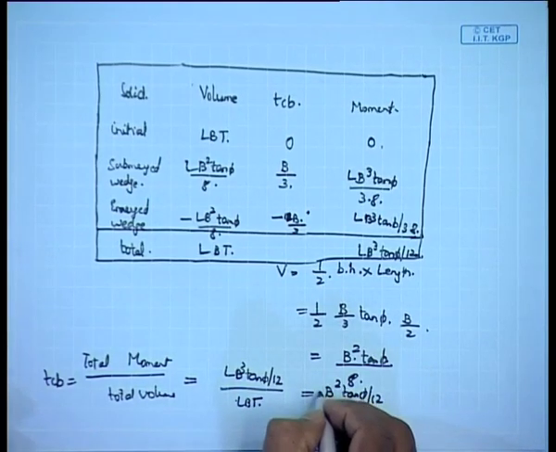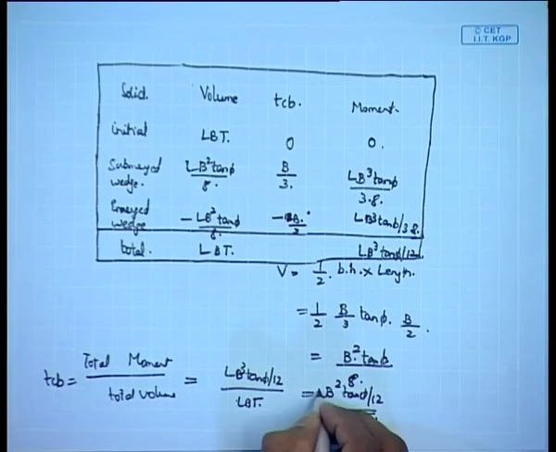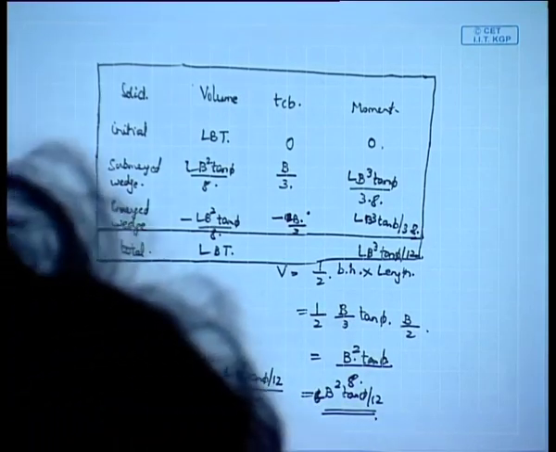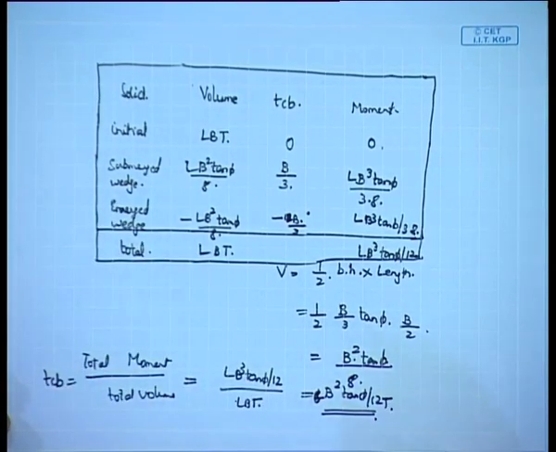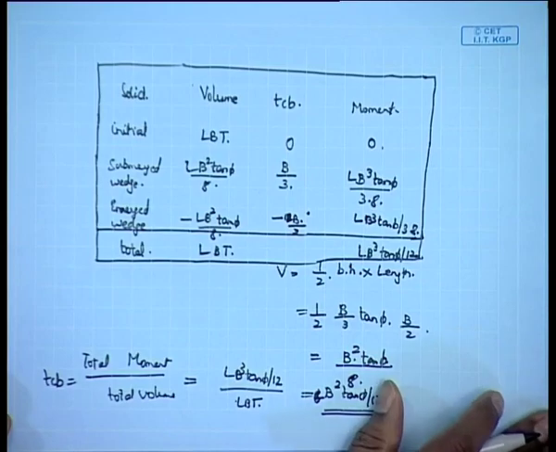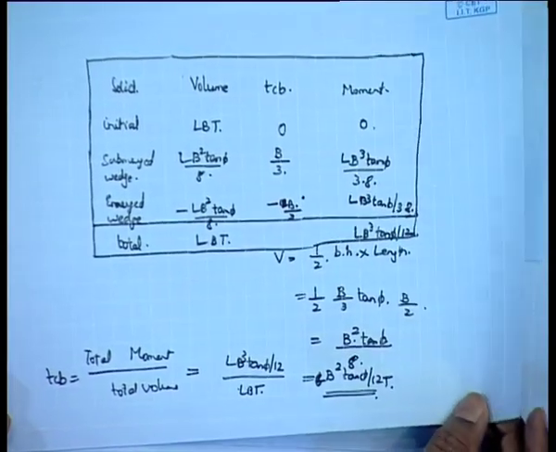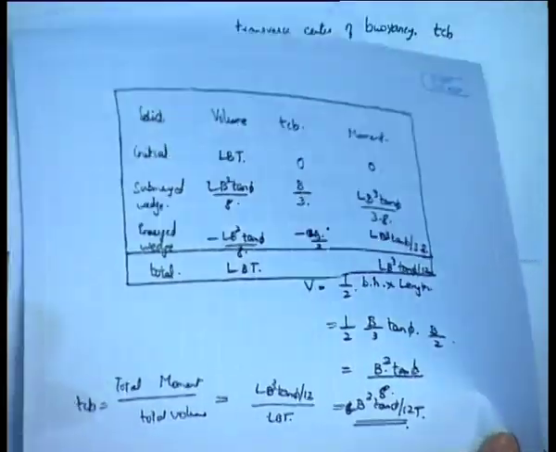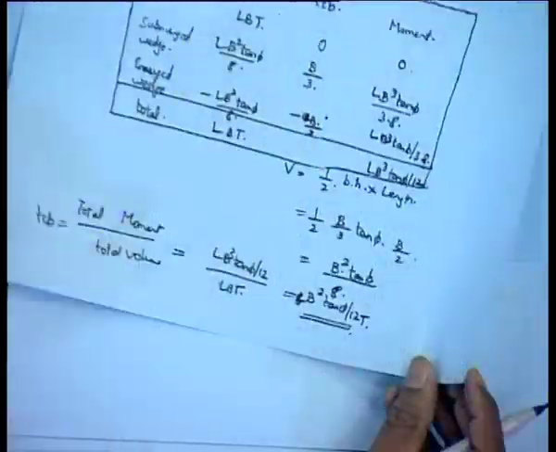So, L is cancelled, sorry, b square tan phi by 12 into T will give you the net TCB of the whole system after it submerges and emerges.